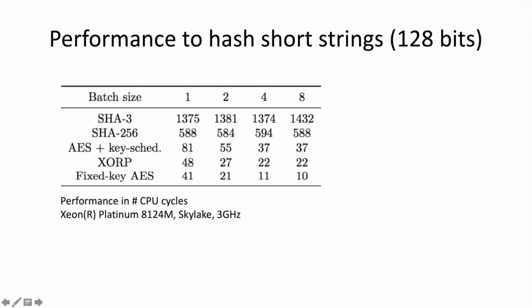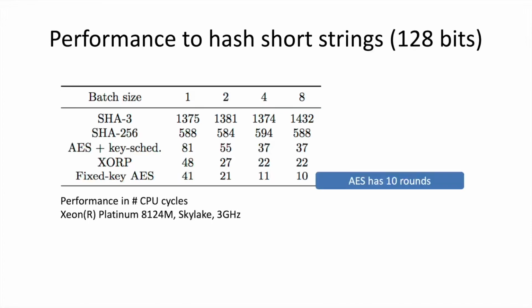To understand the performance gap of hashing short strings using different schemes, let's take a look at our benchmark first. Here we present the speed of hashing short strings using different batch sizes. We can see that when the batch size increases, the number of cycles that is needed for different schemes decreases. This is because we can take advantage of CPU pipelining.